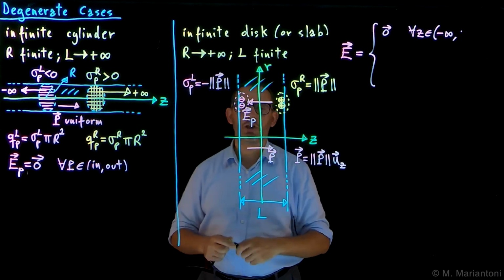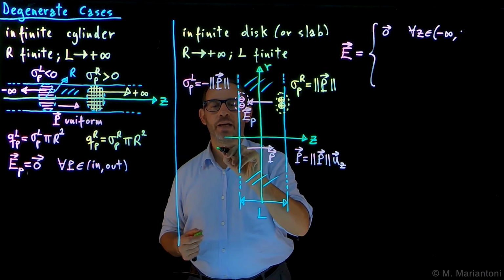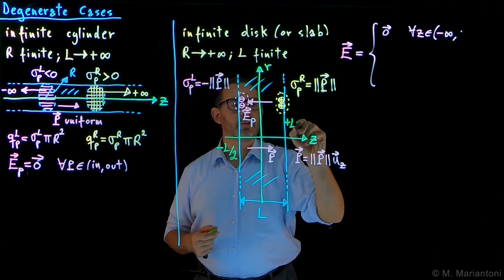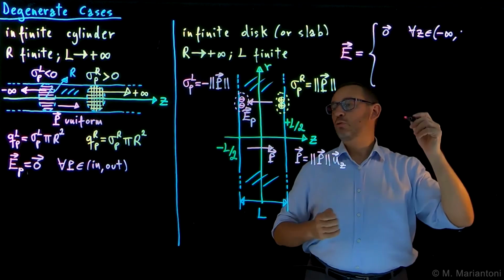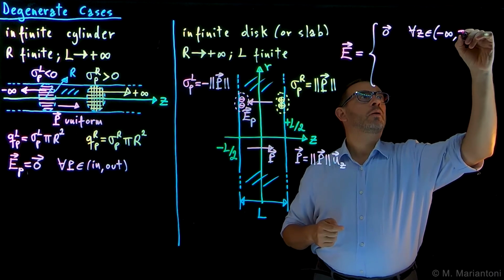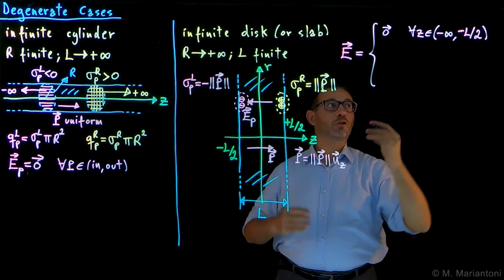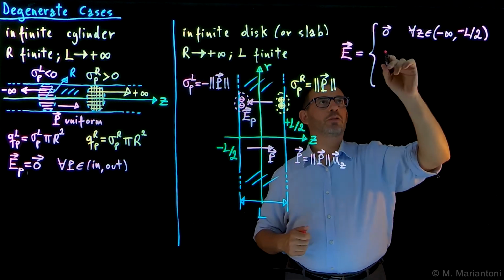And we fixed the origin, in this case, I fixed it to minus capital L over 2, and this one is plus capital L over 2, so we need to be careful about that. So it's going to be from minus infinity to minus capital L over 2, excluded. Now there is a discontinuity, so I need to exclude this point here, as we have seen in 242.